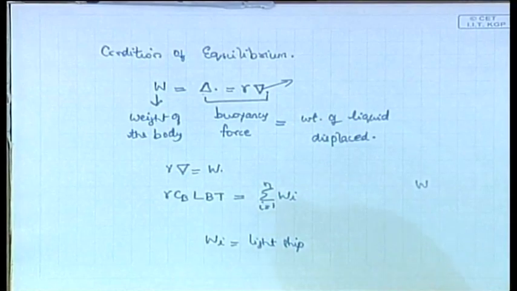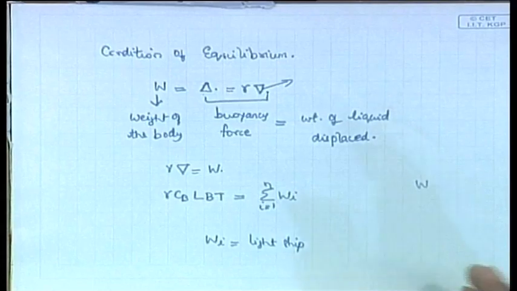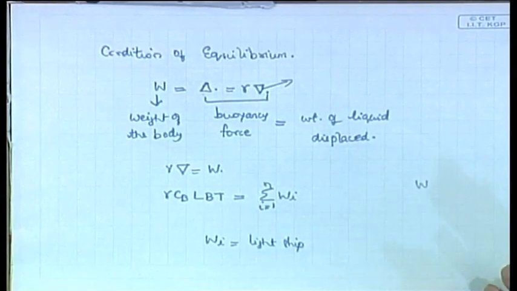Now, ship itself, there are different weights associated with a ship. One of them you call the light weight of the ship. By light weight of the ship you mean that suppose you remove all the cargo, all the people, things like water, oil, engine, all those things from the ship, you are left with the bare structure of the ship and a couple of things like pipes probably, some things are remaining.